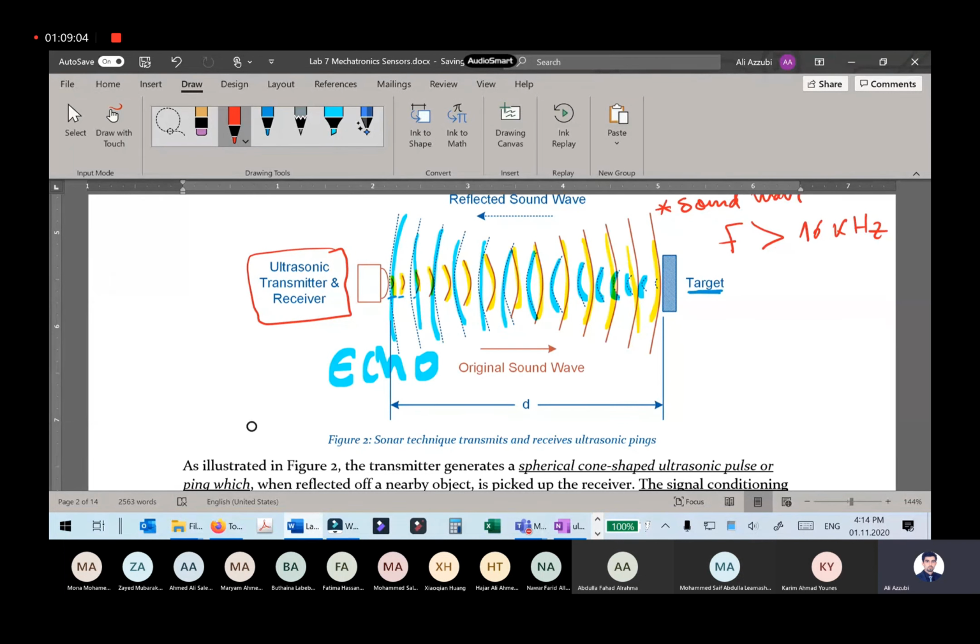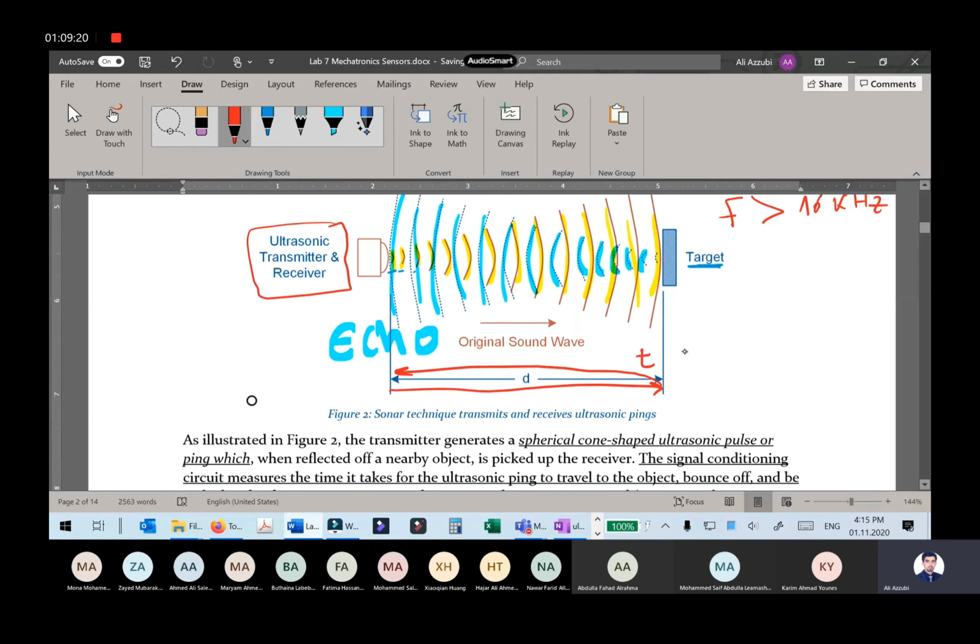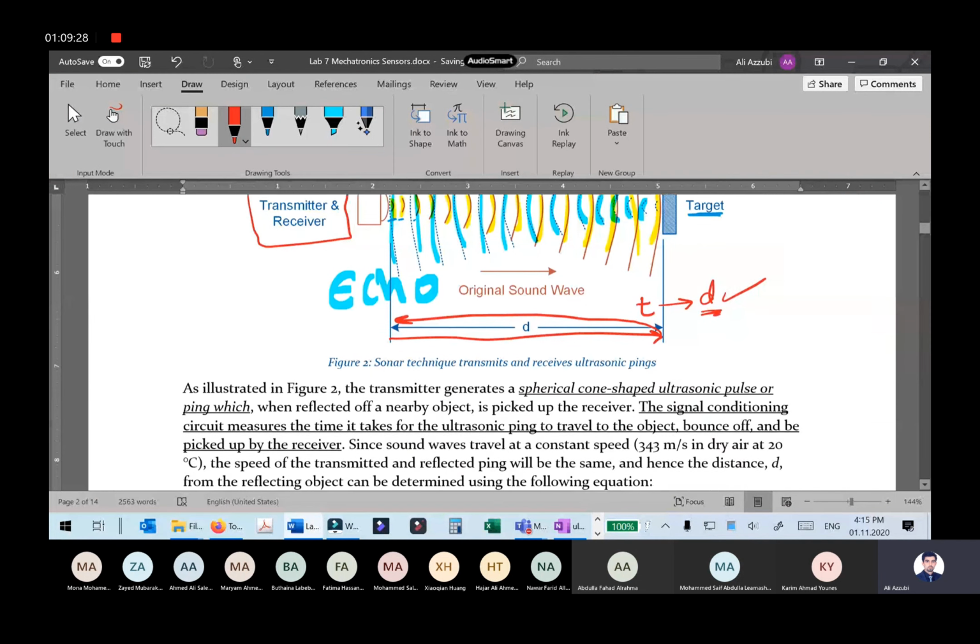This is an approximation of the operation. So by measuring the time t it takes for the wave to go, reflect back from the object and come back, one can estimate the distance between the sensor and the target.